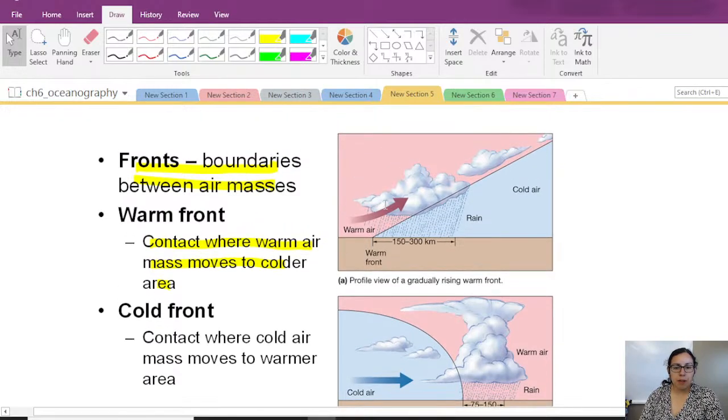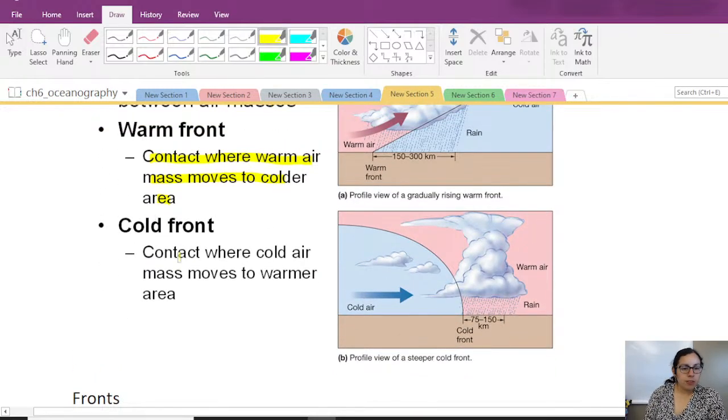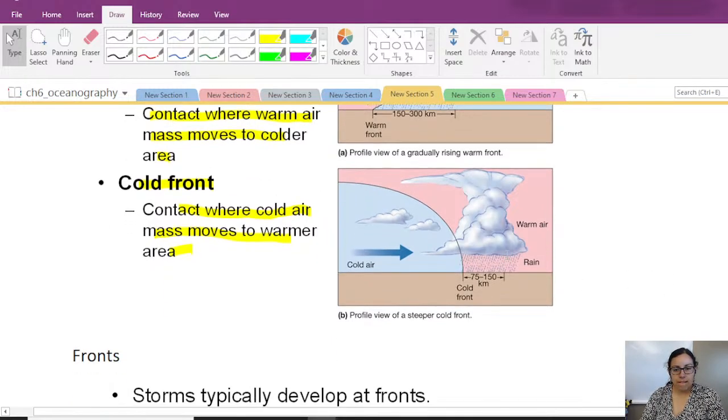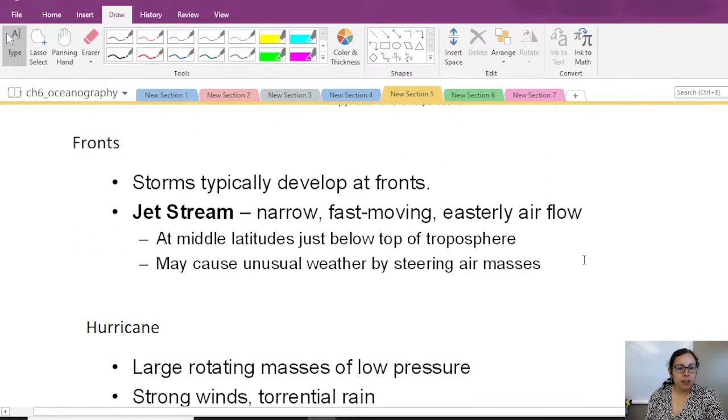There's our warm air, then it's probably going to leave behind some rain, then it goes to colder air. Versus a cold front where a cold air mass moves to a warmer area. So cold air will come in, maybe to an area of low pressure, bringing that breeze in, probably followed by rain. So storms generally develop at fronts.